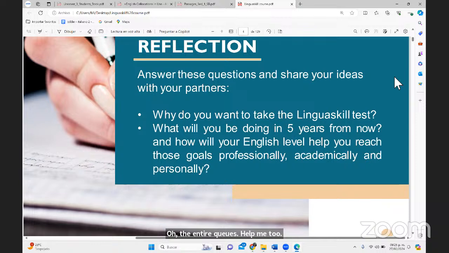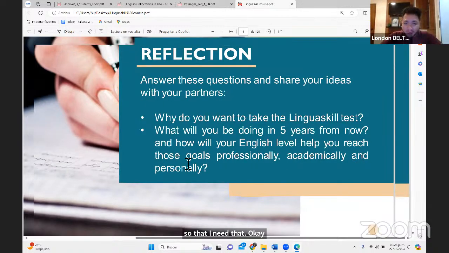What will I be doing in 5 years? Well, I don't know, but at least I'm going to speak English, so that's a good point. And I hope to have a good job because I'm studying engineering, so I need that.